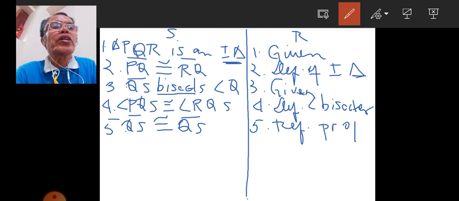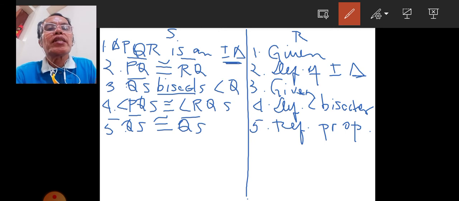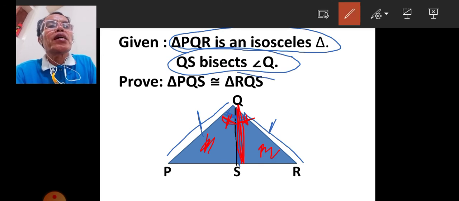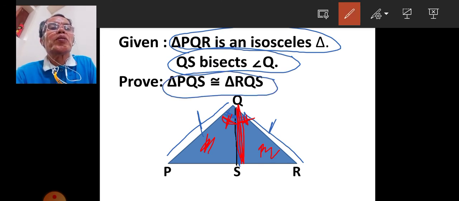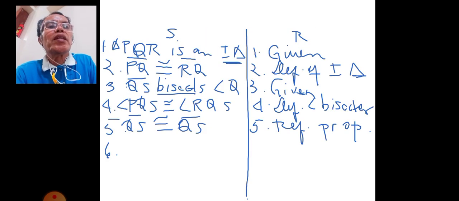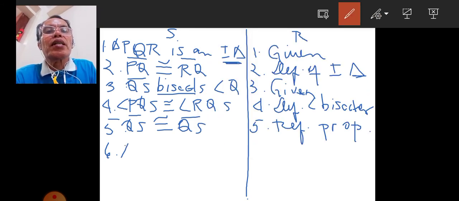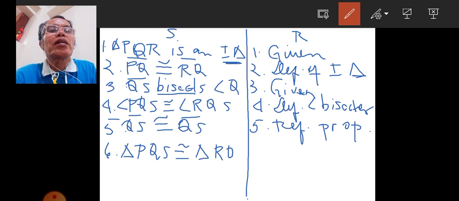After the reflexive property, the last statement must be the one that we are going to prove. So that is triangle PQS is congruent to triangle RQS.